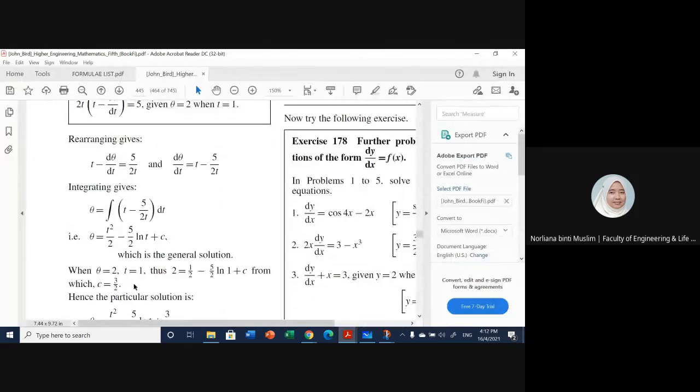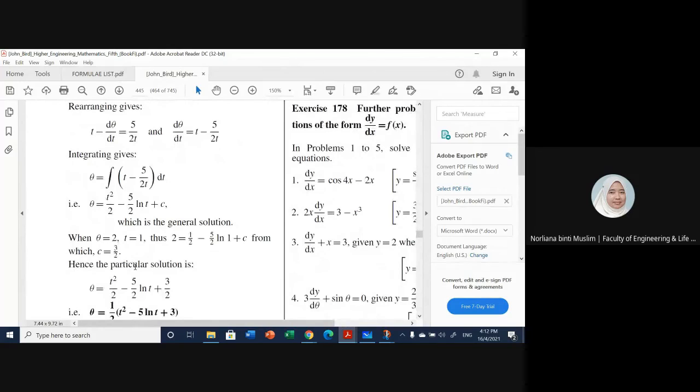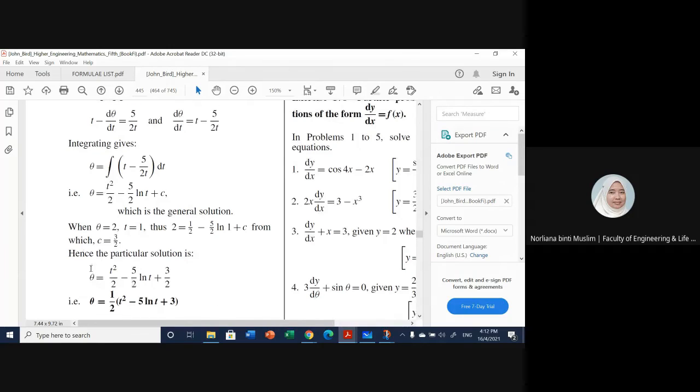C here you will get 3 over 2, and don't forget to write down the particular solution. So C is 3 over 2, then you just write it here plus 3 over 2. Any question for this example?